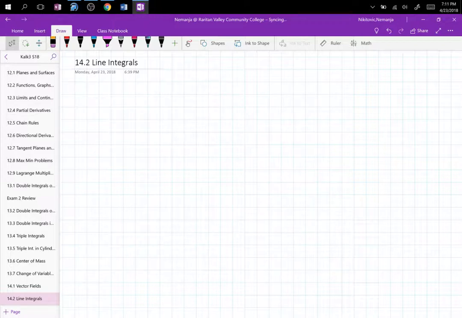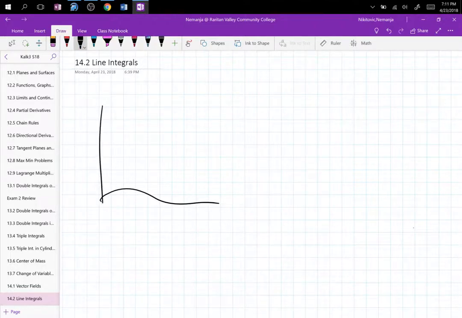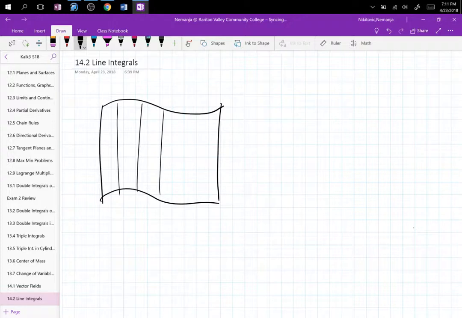So what I'm going to do, I'll try to draw this thing. So here I have the bottom of the curtain. And then the top of the curtain, right? And the curtain goes this way down.